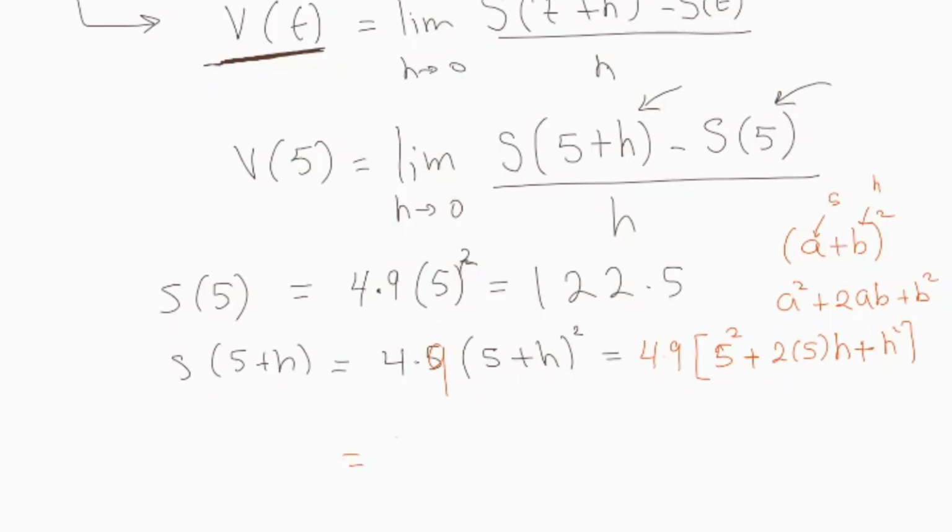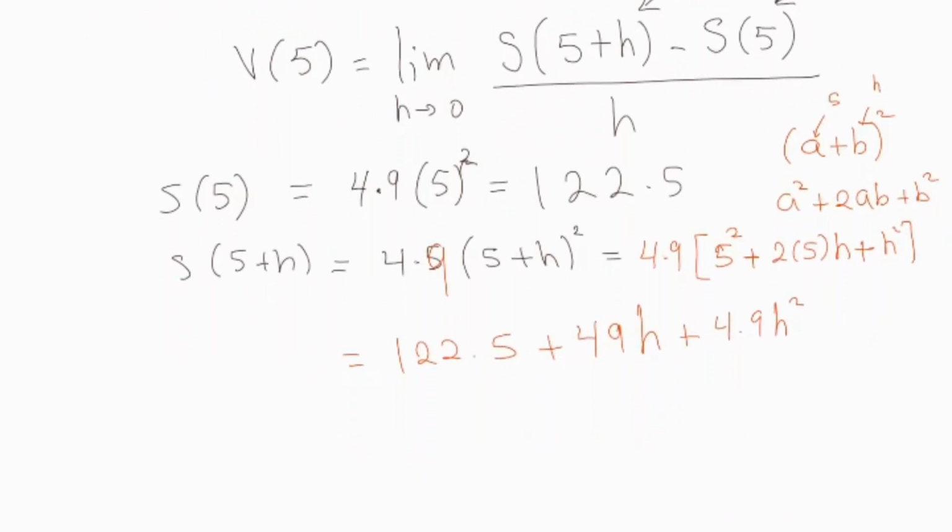And this is equal to 122.5 plus 10 times 4.9, which is 49h, plus 4.9h squared.